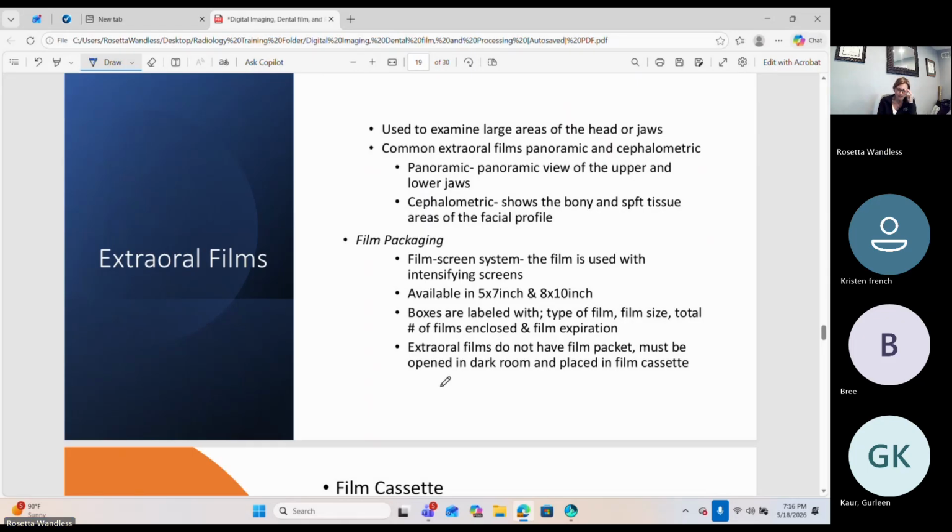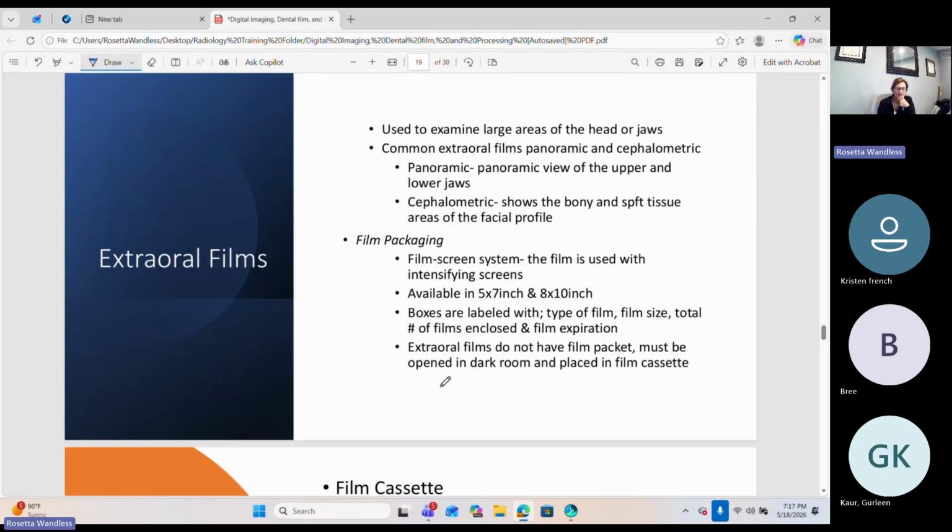Now, just like intraoral packaging, the box itself is going to be labeled with the type of film, pan or ceph. It's going to have the film size, 5x7 or 8x10. It's going to have the total number of films, 25, 50, 75, 100. And it's also going to give us the expiration as well as the speed of the film, okay?